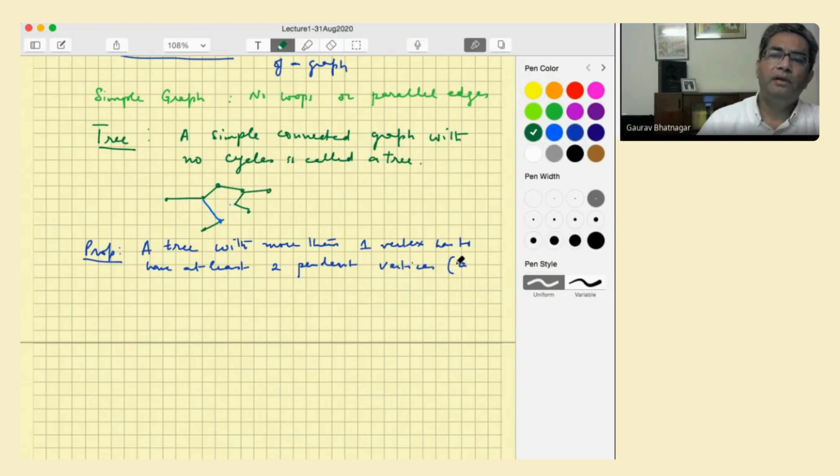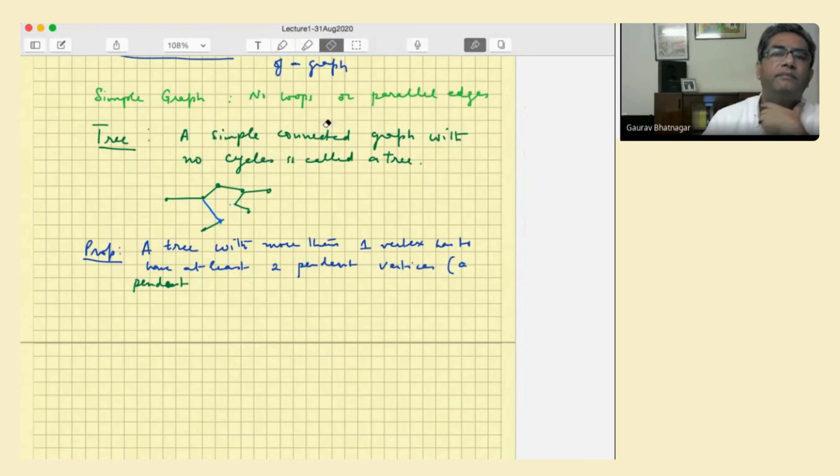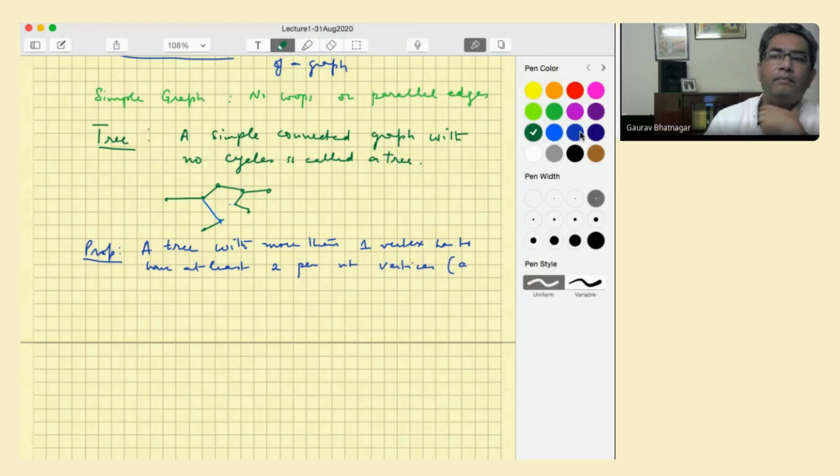So let me color, pendant, D-A-N-T or D-E-N-T, I'm not so sure. I think D-A-N-T. So a pendant vertex is one with degree 1.